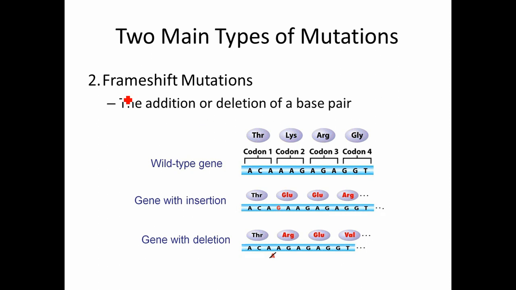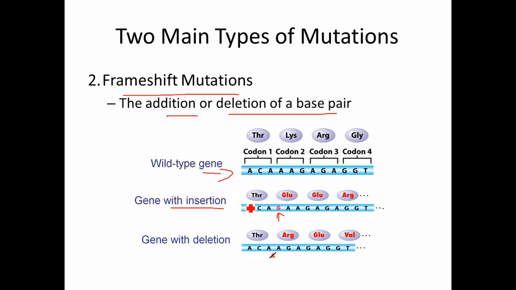Now, there's what's called frame shift mutations. This is the addition or deletion of a base pair. Here, if we have our wild type gene, our DNA sequence before mutation, and you have a random insertion of a base while DNA is being copied, here we have the ACA sequence, and then when that DNA gets copied, a G gets randomly inserted.